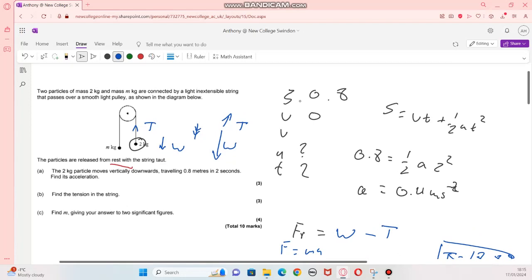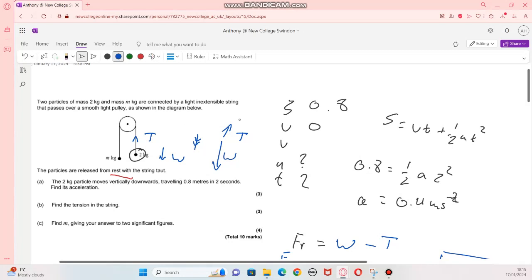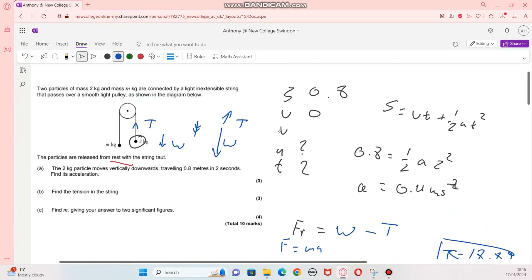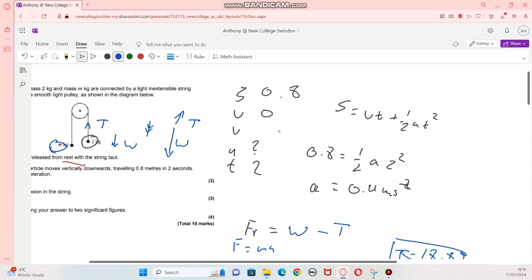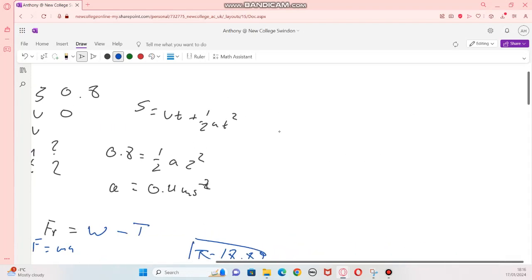Part C is asking us to find the mass. We look at the equation again. We want to find the mass of this particle. Since the 2 kilogram particle is going downwards, particle m will be going upwards. Since particle m is going upwards, we can use the same equation.